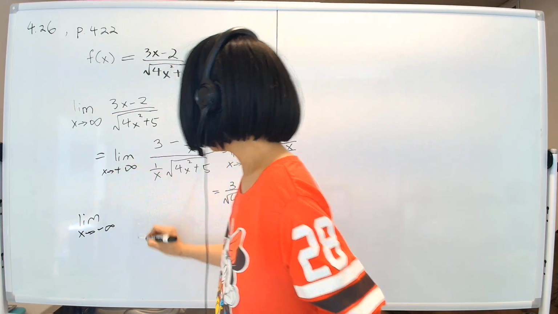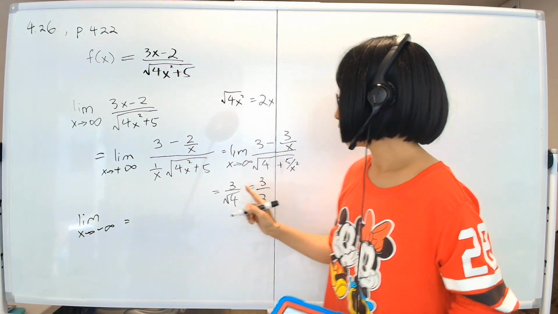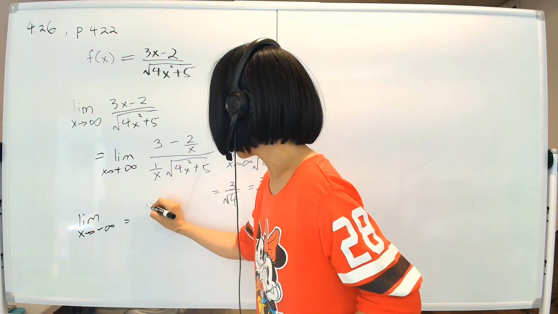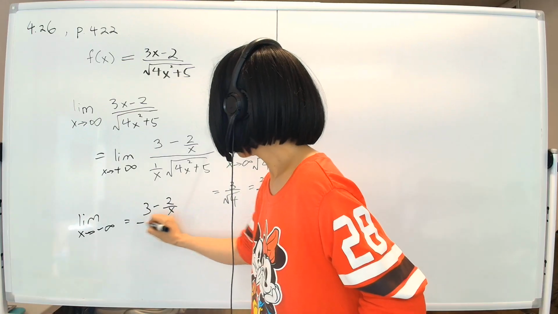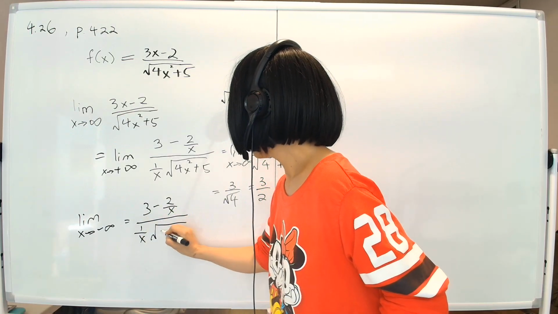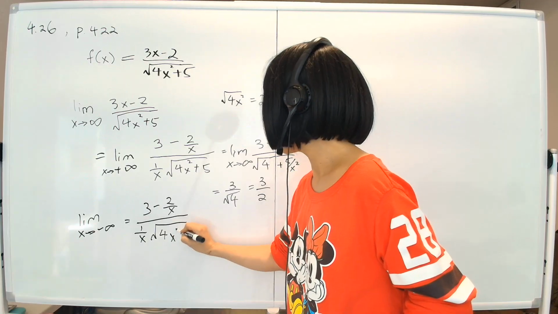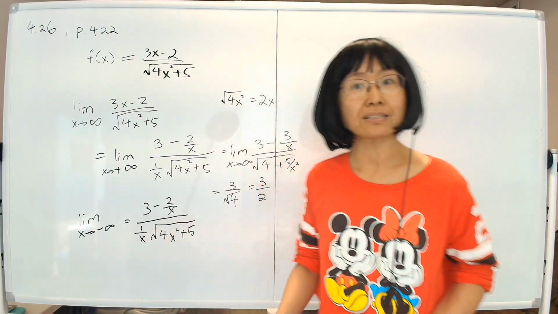The limit of this exact same thing, which we will write down here again: 3 minus 2 over x, over 1 over x times the square root of 4x squared plus 5. Except that this time your x is negative.